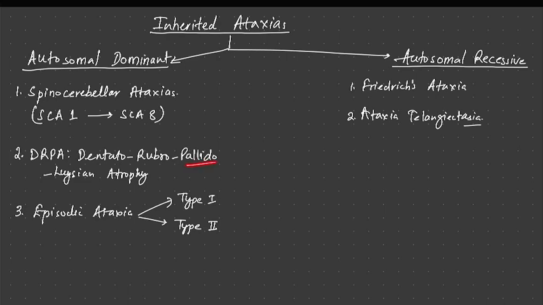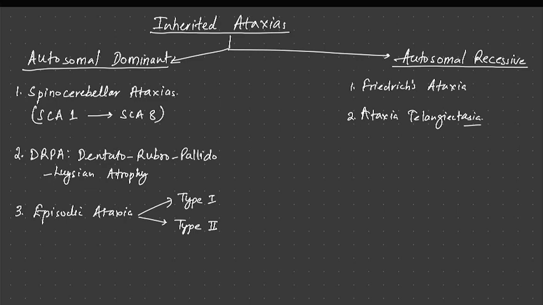Pallidoluysian atrophy, there will be involvement of pallidum, means there is involvement of basal ganglia. Basal ganglia is involved in maintenance of tone of the muscles, it coordinates the movements. So involvement of pallidum will cause dystonia, and basal ganglia is also involved in memory, so there will be dementia also.